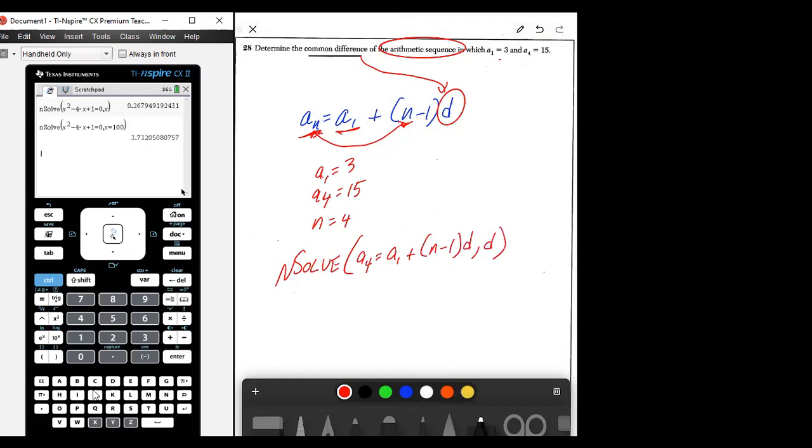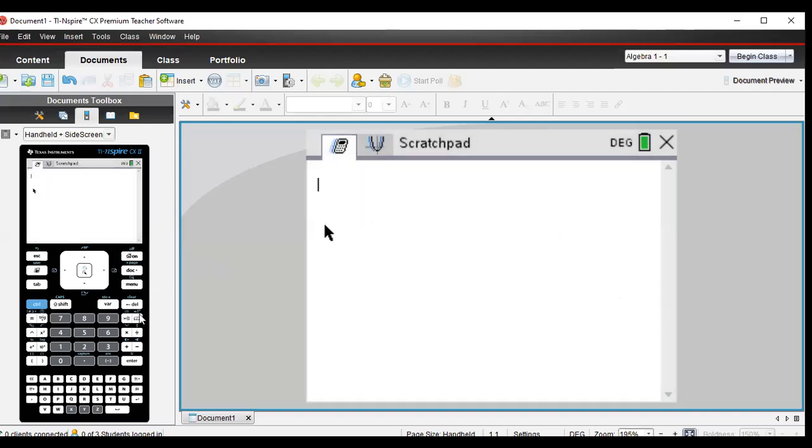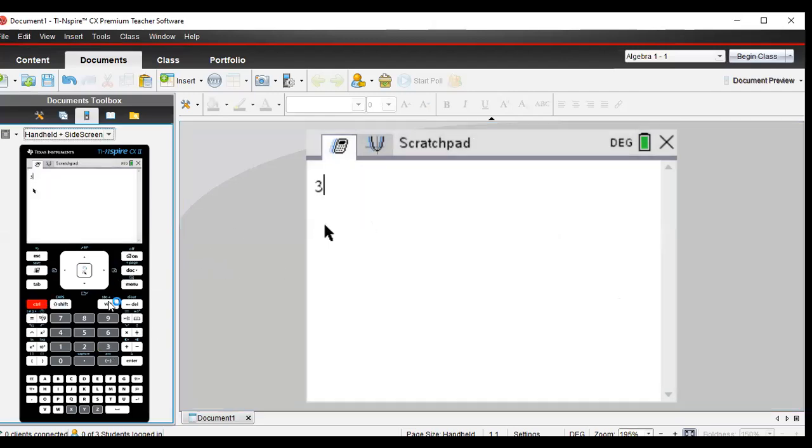So let's do that. So let me get rid of all of this stuff. So I'm going to go menu 14, get rid of that. Then I'm going to do menu 15, clear the screen. And so now let me make this larger so you can see it. So what I'm going to do is I'm going to store 3 into a sub 1. Now watch what I do. I'm just going to do a and then the letter 1. So I made a new variable, a1.